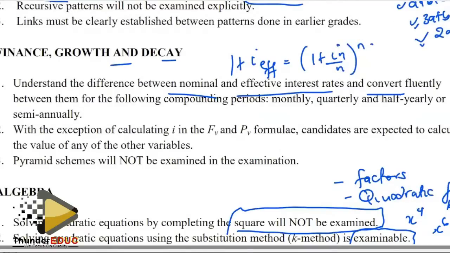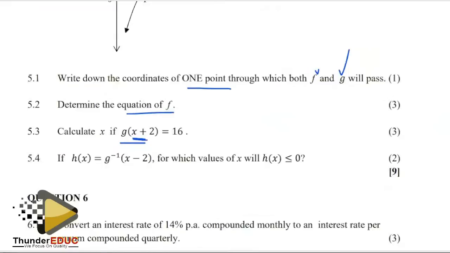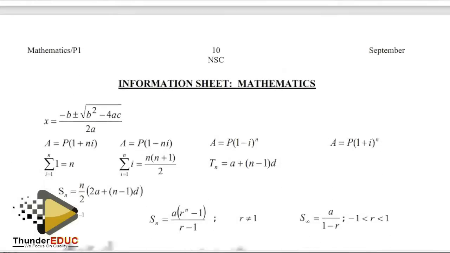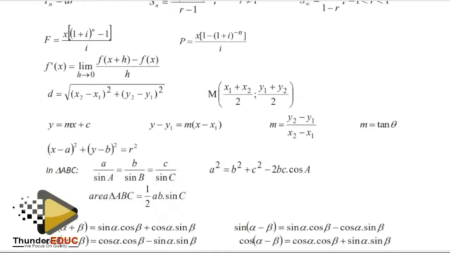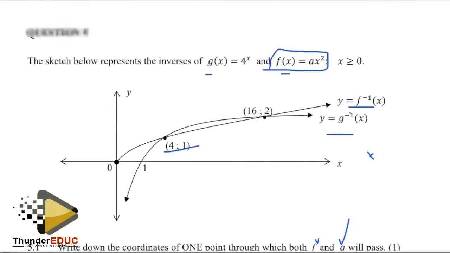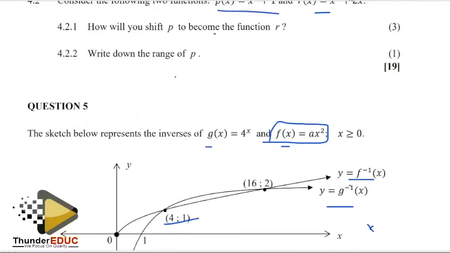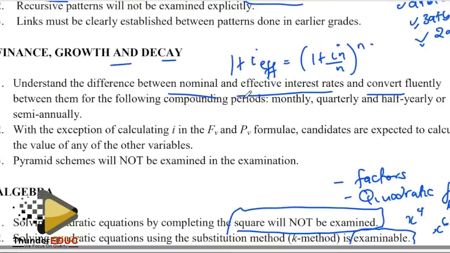Let's just confirm and see if that formula exists, because we don't have to stress about things that are already there. Nominal interest, nothing. It's not there. That formula, we just need to know it by ourselves, okay?